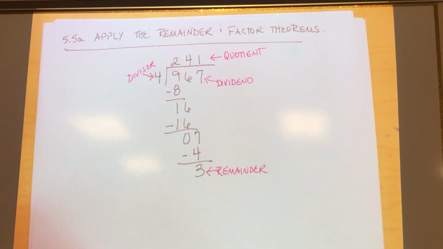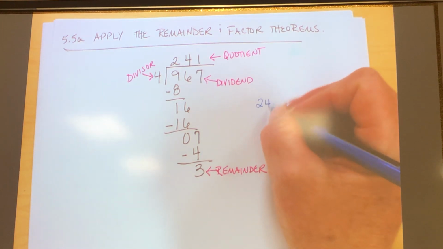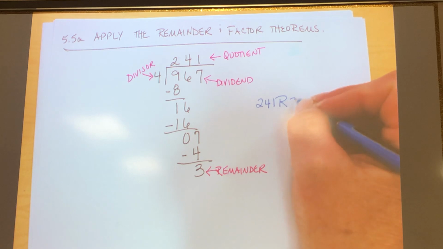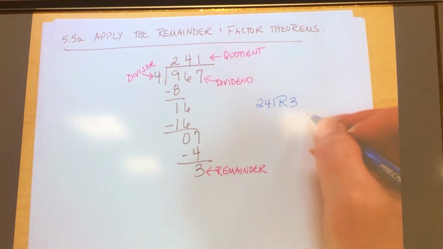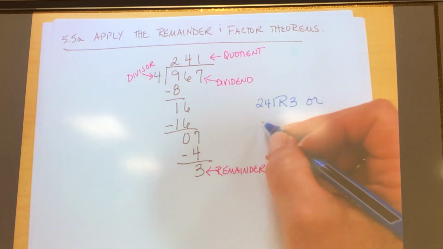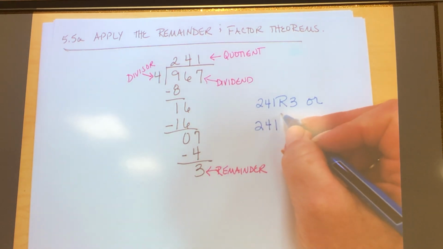Okay? And then, when you first learned how to do long division, you wrote your answers like this: 241 with a remainder of 3. Do y'all remember that? Yes, that's the way you wrote it. And then you got better, and you wrote your remainder like this: 241 and 3/4.